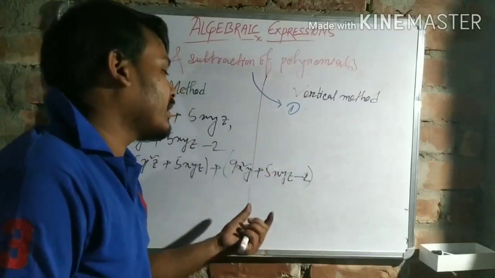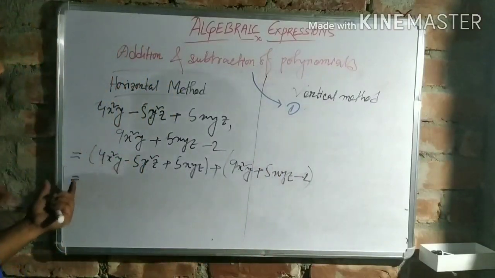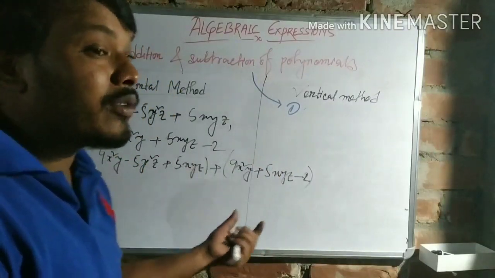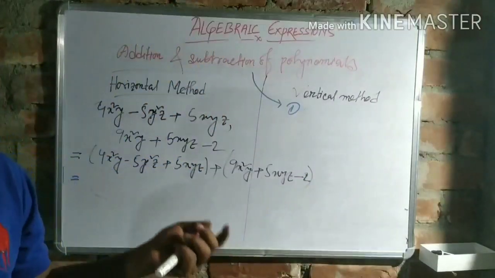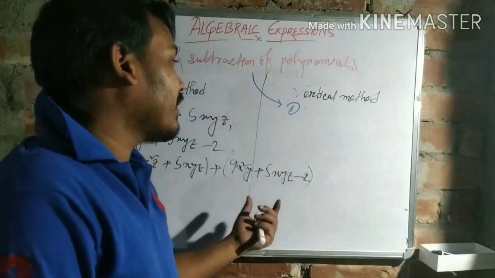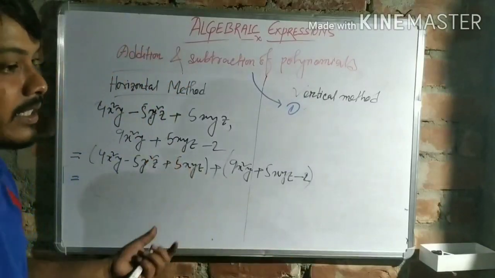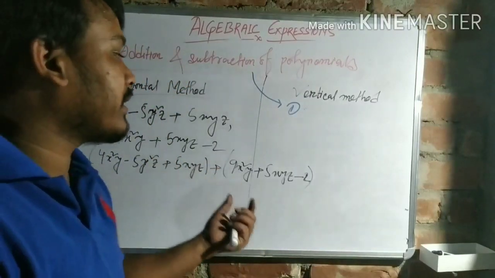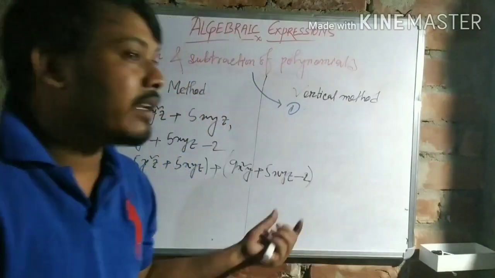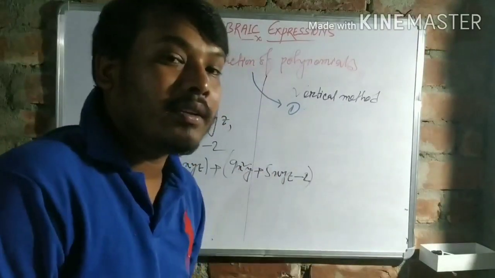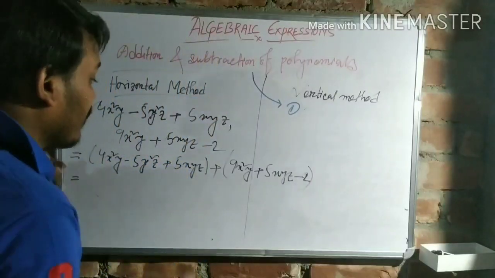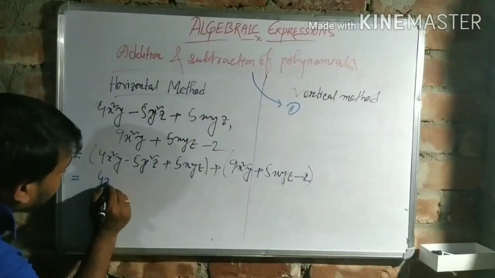And the third step is write the terms according to ascending or descending order of powers. It is not necessary, but the answer is always written in either ascending or descending order of the power.